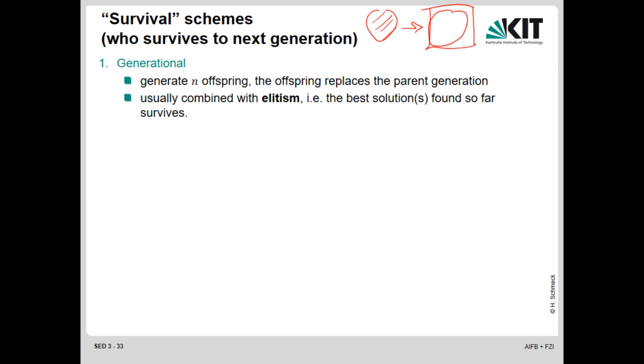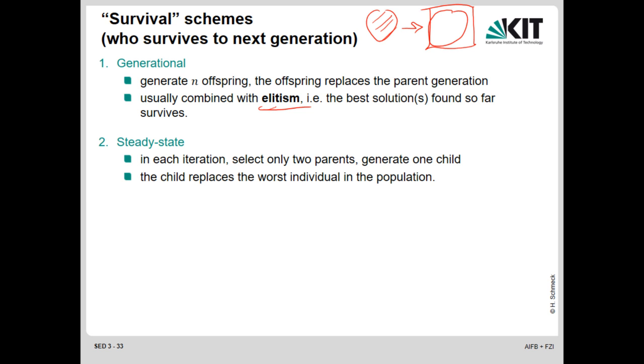So if we had good solutions in the old population, maybe they get lost and the children are all inferior. We certainly assume that the quality is going up. And in order to make sure that we don't lose good solutions, we can combine that with elitism. That means the best solution, or the best, let's say 5 solutions, or whatever you like, will survive to the next population. And only the others will in some way be replaced.